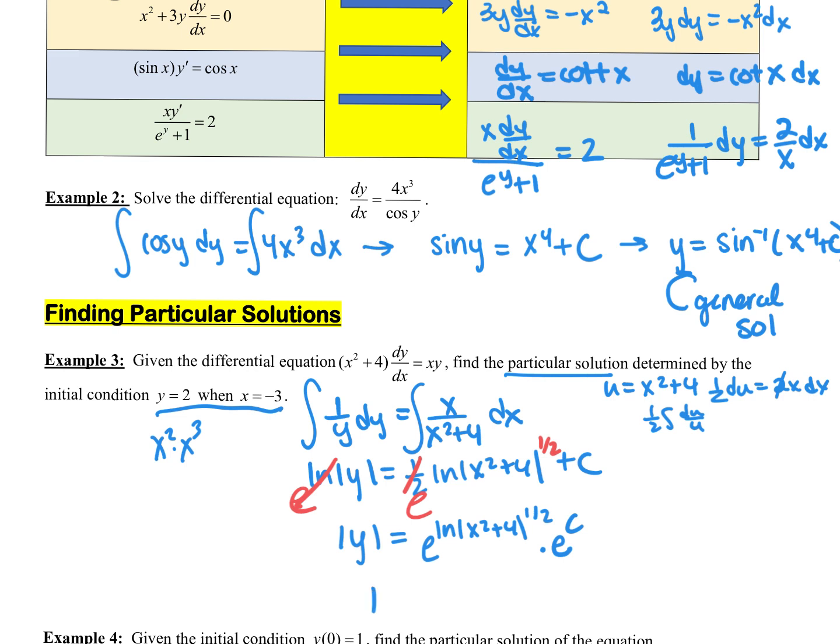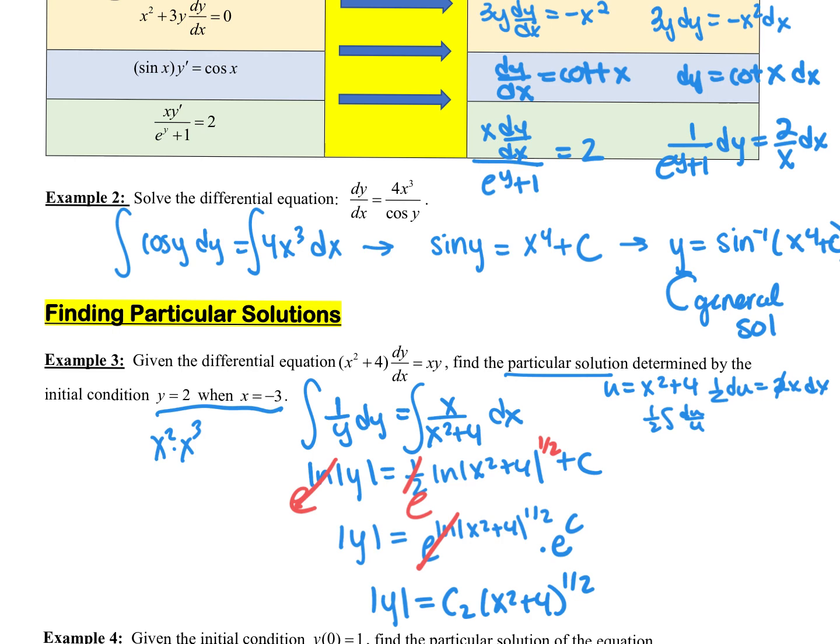So we'll have the absolute value of y. This will cancel out. And you'll have just (x squared plus 4) to the 1/2. And then this e to the c is being multiplied by that, right? And so it's just a whole nother constant. We'll call it c2.